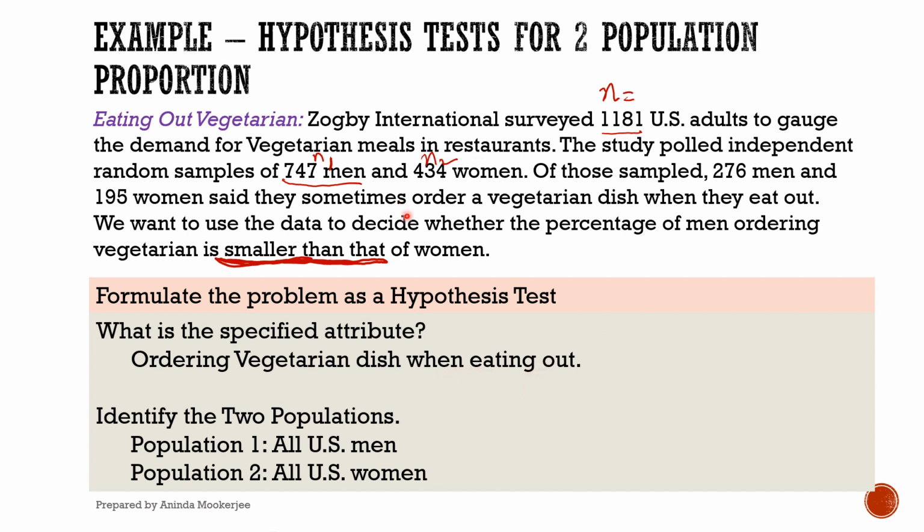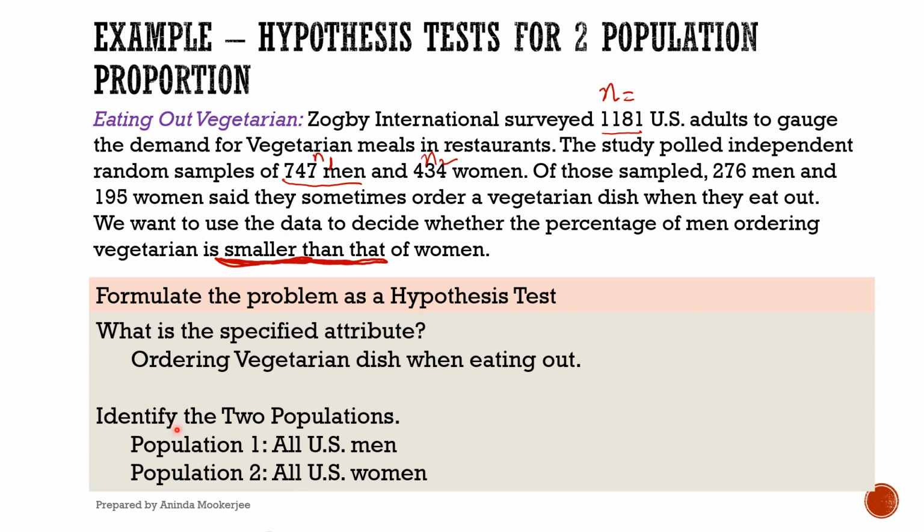That's what we are trying to study, to determine the demand for vegetarian meals, because that way the restaurants can decide how many types of vegetarian dishes they should include in the menu, what the demand is for vegetarian meals, and accordingly they can put those in their menus.